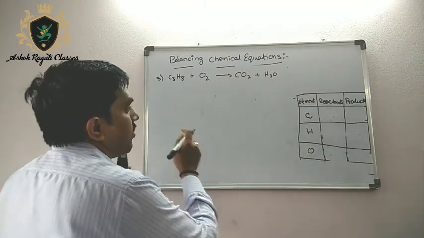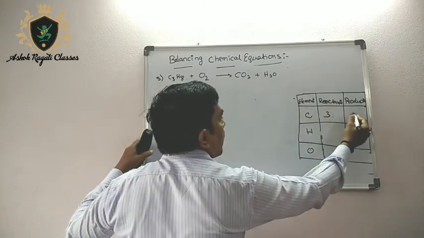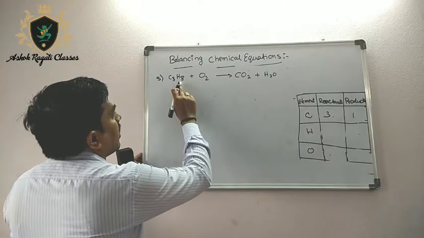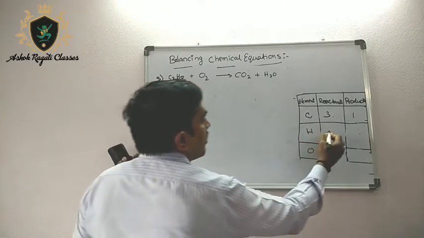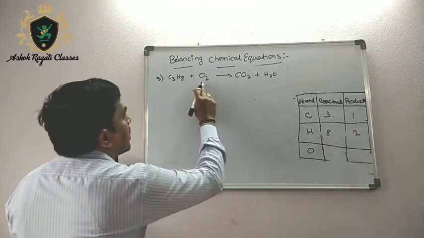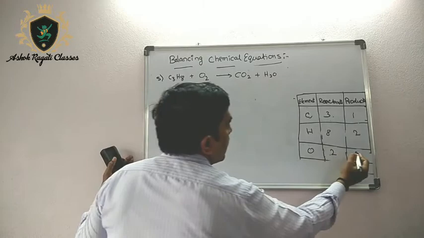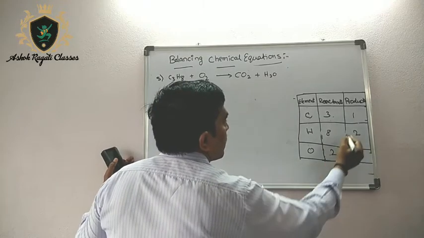Okay, so now fill that. Carbons are 3 here, and here only 1. Hydrogens are 8 here, 2 here. Oxygens are 2 here, and here 2 plus 1 is 3.